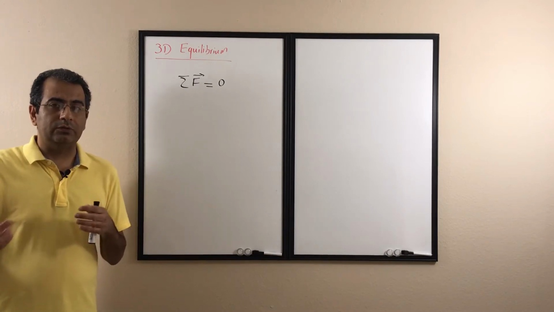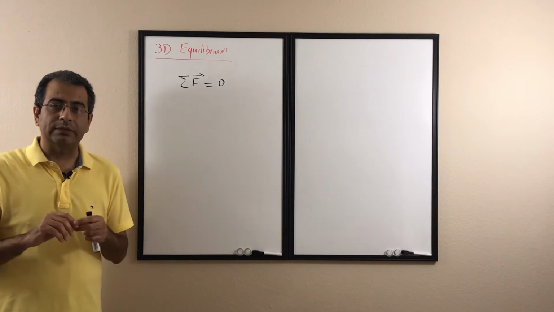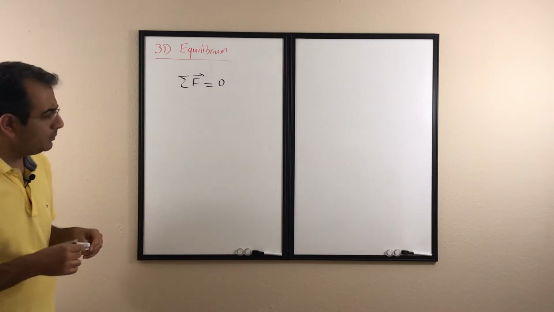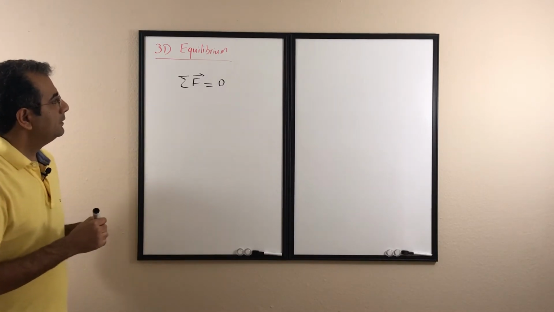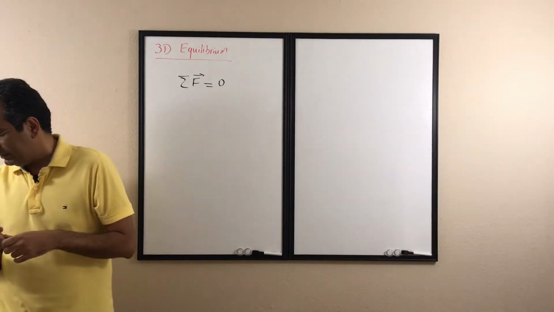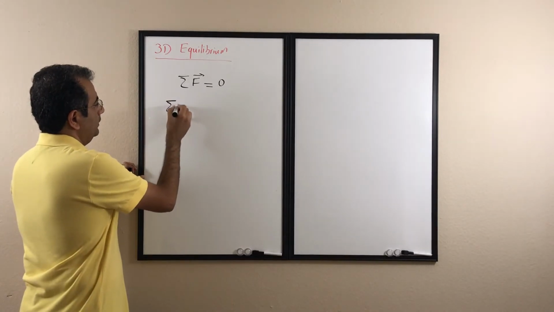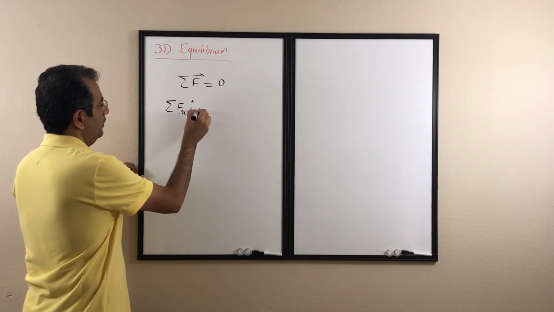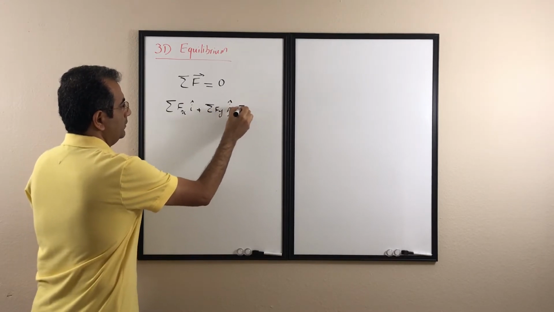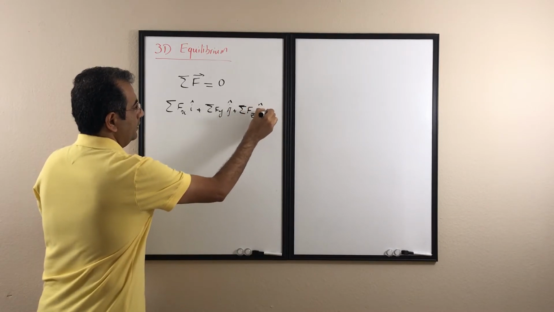But if it is not, instead of working with scalars and finding components in x, y, z, we need to work with the Cartesian method, as we spoke about before. So if we have 3D forces and we want to make sure that they cancel each other, eventually what we have is sigma Fx i plus sigma Fy j plus sigma Fz k is 0.